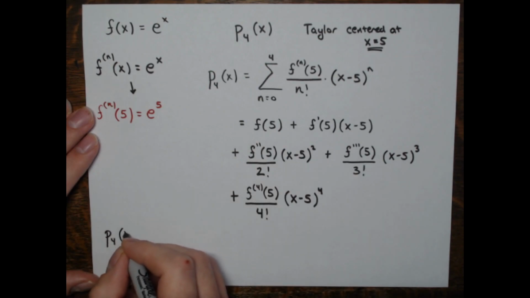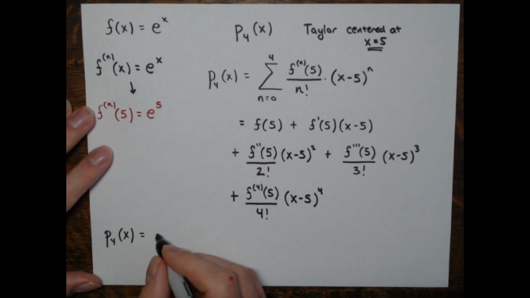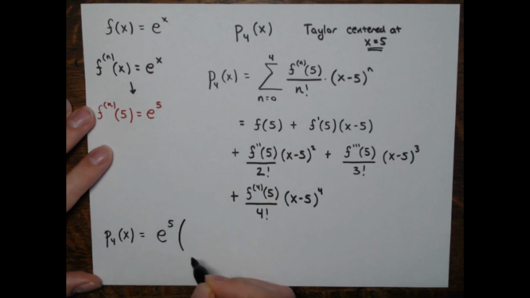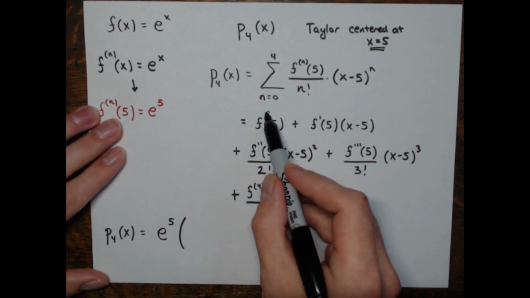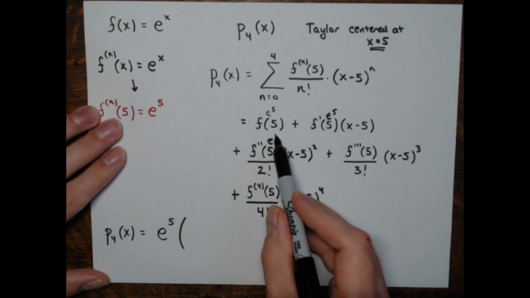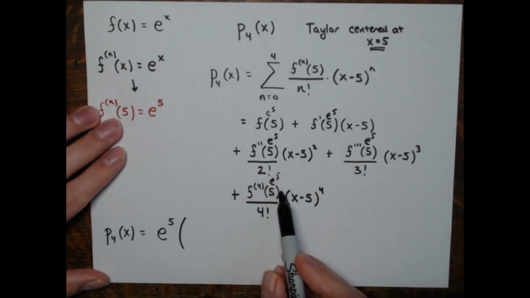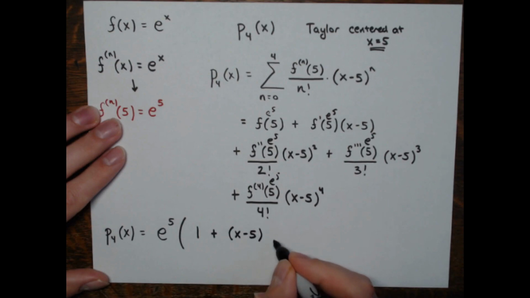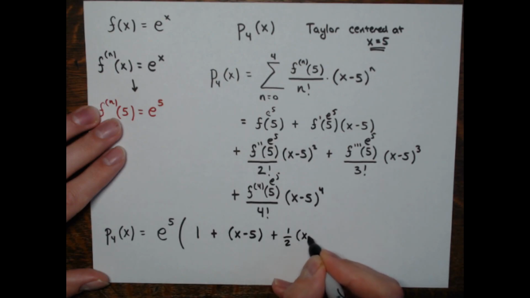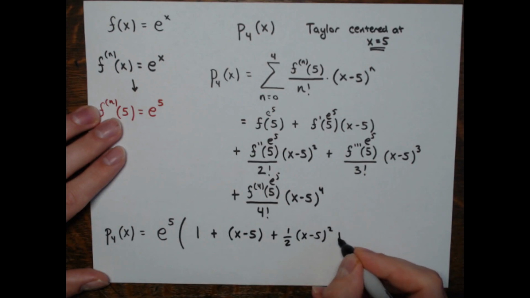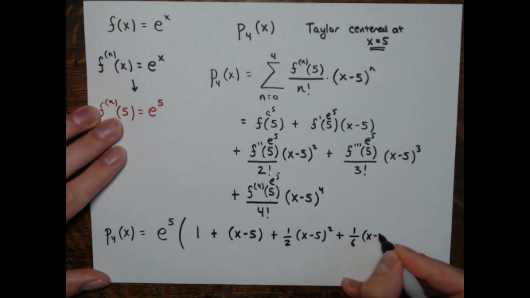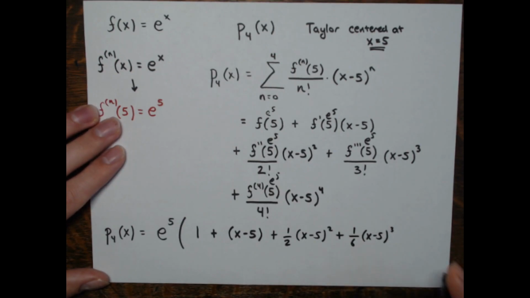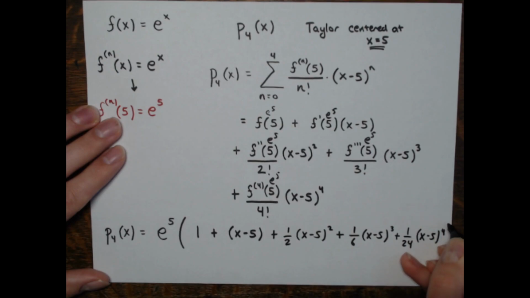So this P4 is going to be e to the 5th, factored out, times 1, plus 1 times x minus 5 to the first, plus 1/2 times x minus 5 squared, plus 1/6 times x minus 5 to the third, and finally plus 1/24, 1 over 4 factorial, times x minus 5 to the fourth power, all that in parentheses.